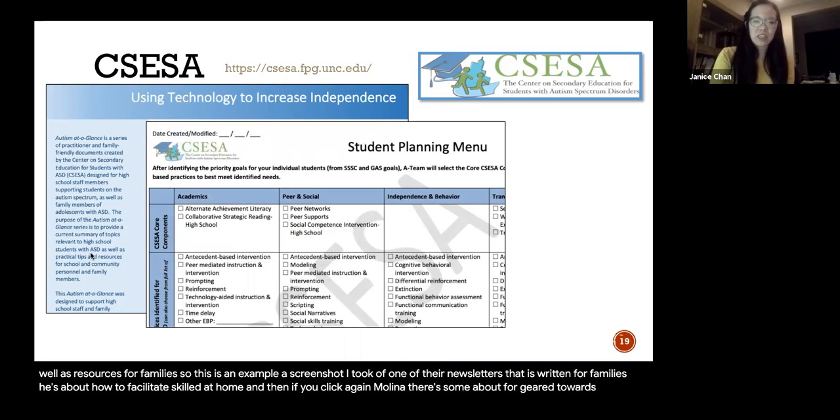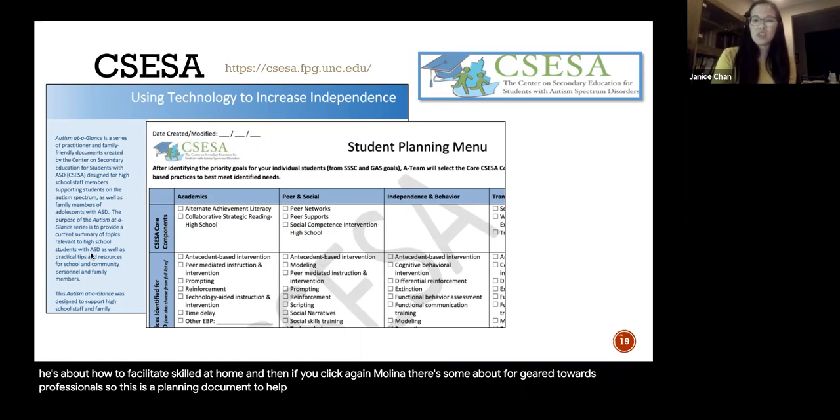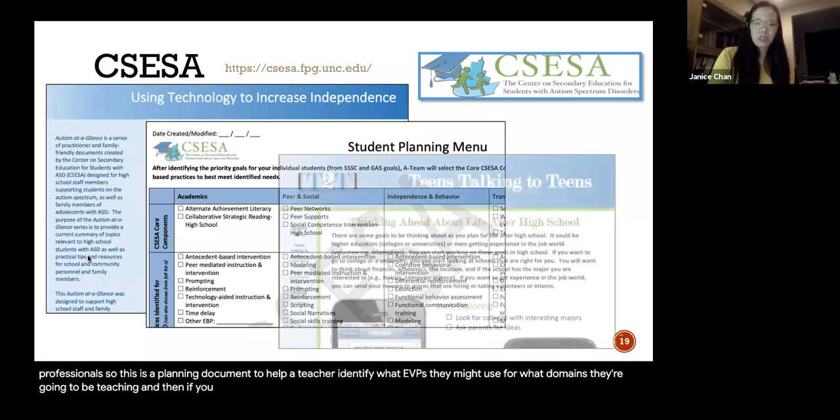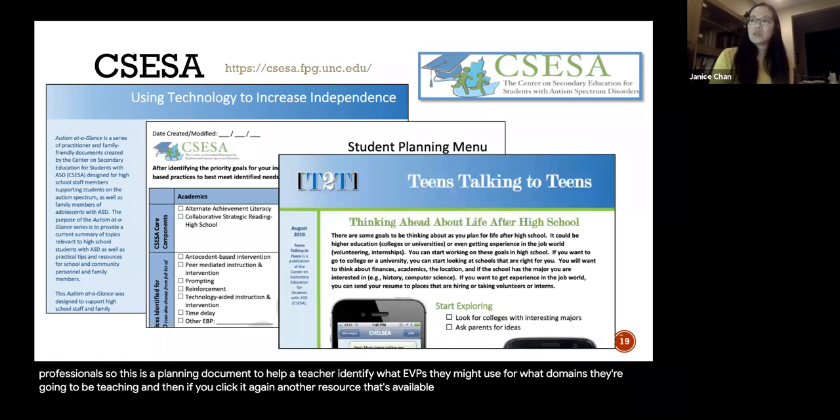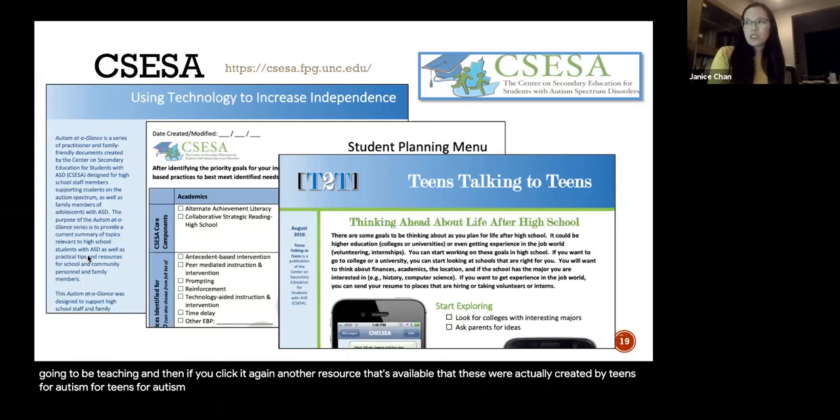So this is a planning document to help a teacher identify what EBPs they might use for what domains they're going to be teaching. And then if you click it again, another resource that's available, these were actually created by Teens for Autism. And this particular one is a newsletter article about how to prepare for a transition to adulthood.